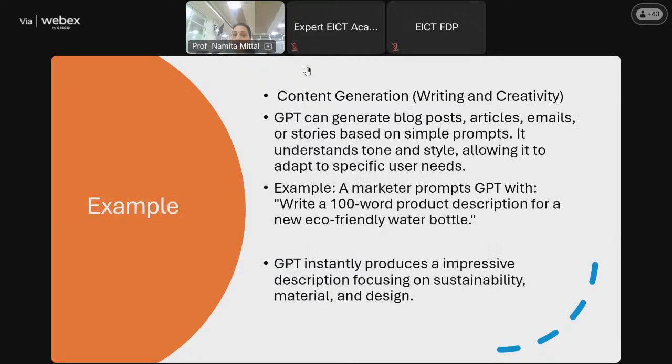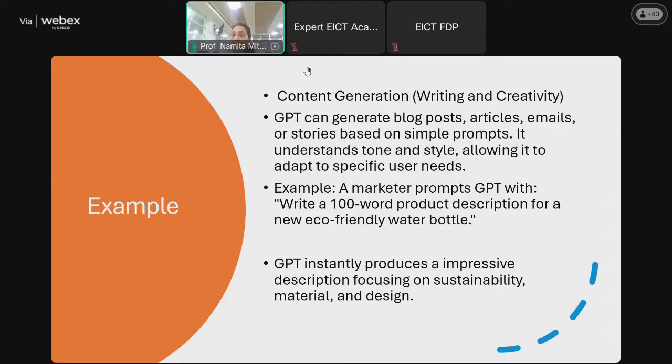So let's take an example of GPT. One is content generation. With content generation, we can write a story, an email, a poem. But the thing is, it must be creative, not monotonous. That is the newness.